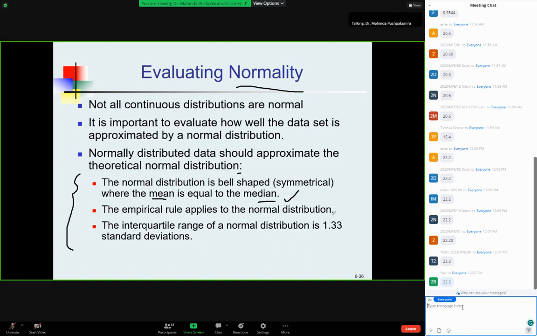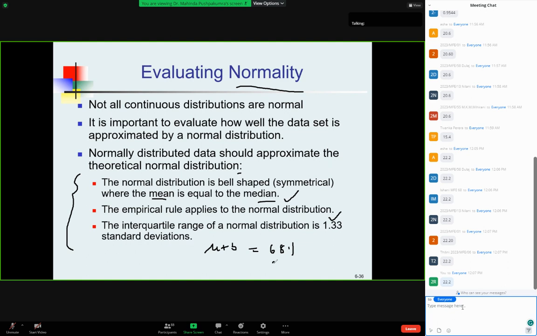Then the second criterion is the empirical rule applied to the normal distribution. We learned the empirical rule. The empirical rule says within one standard deviation from the mean, there are 68% of observations.